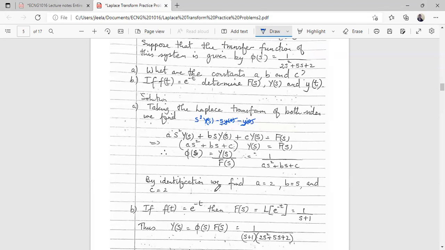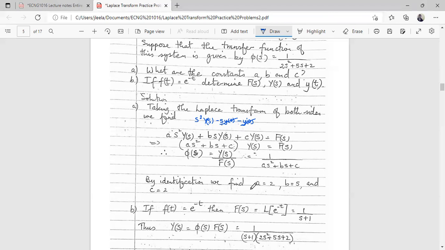Part B now, they give us our function f(t) as e to the t. So therefore, we could take the Laplace of that. F(s) would be the Laplace of e to the t, which is 1 over s plus 1. And then from this formula, we know that Y(s) is just a cross multiply by F(s), so it's phi(s) times F(s).